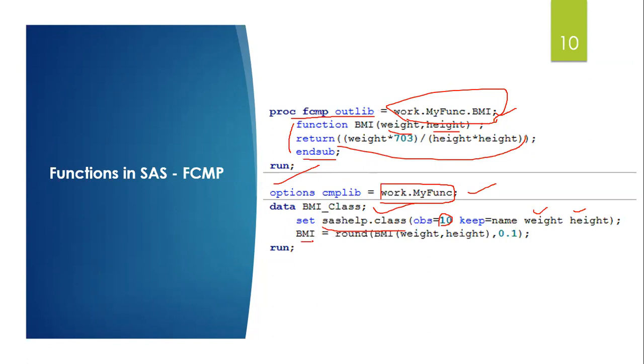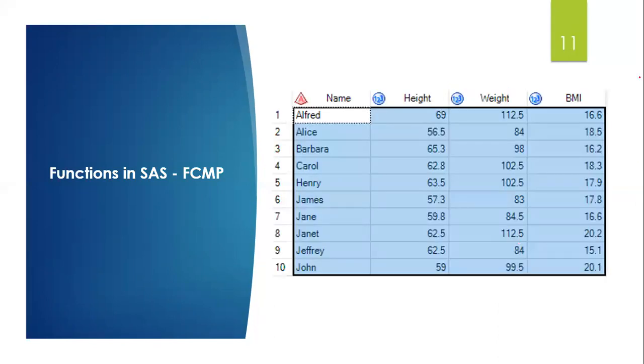That's nothing but BMI equals, we are calling this BMI function by passing the height and weight that we have from the sashelp.class table. It's going to return this value from the function, and we are just rounding it off to 0.01 so that we can see it in a much simpler way rather than 5 or 6 additional decimals after the dot. This is how it's going to give us the BMI from that function.